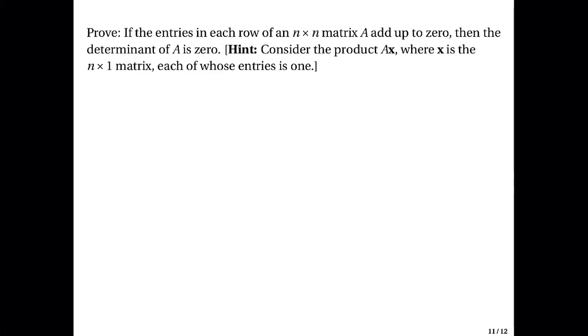Okay? So again, if the entries in each row of an n by n matrix A add up to 0, then the determinant of A is equal to 0. So proof.